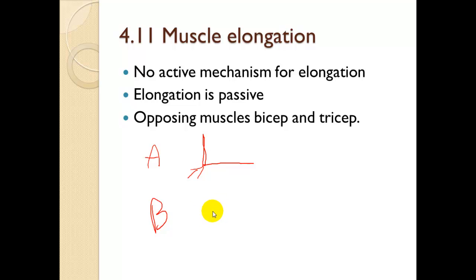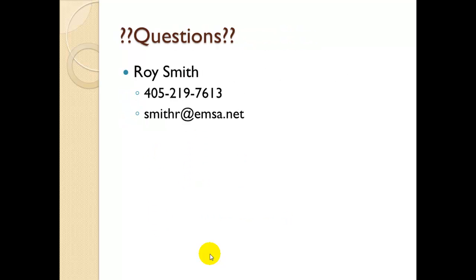To relax that or straighten your arm back out, there is no muscle that would move it in this direction. So what happens is the triceps on the other side, if you need it down quickly, will pull that part of the arm, or they will shorten. So elongation is passive. The opposing muscles are what straighten out or extend your extremity.